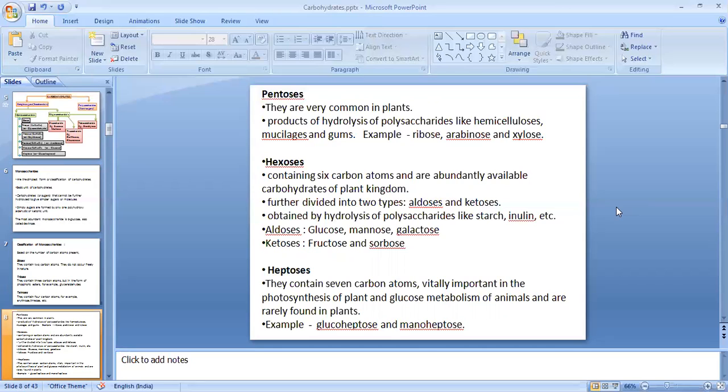And hexoses contain 6 carbon atoms and are abundantly available in the plant kingdom, and they are very commonly used sugars.